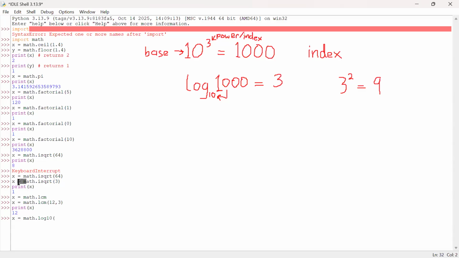So how would this one read? Can you repeat what you just said? Logarithm of 1000 to base 10 equals 3. Yes. So how will it be for this one, that's 3 squared equals 9?